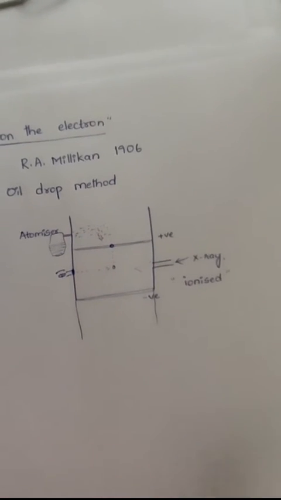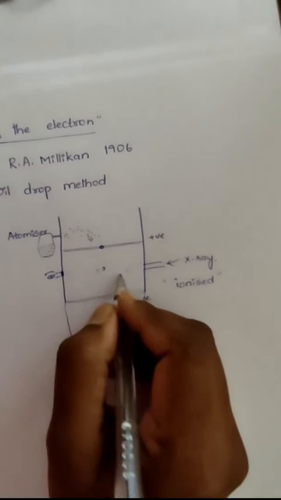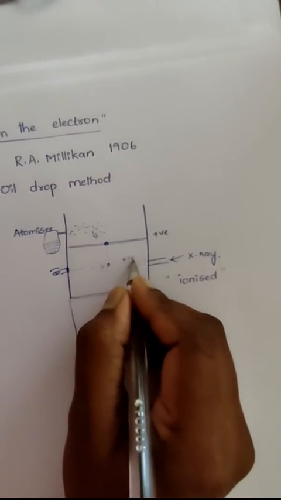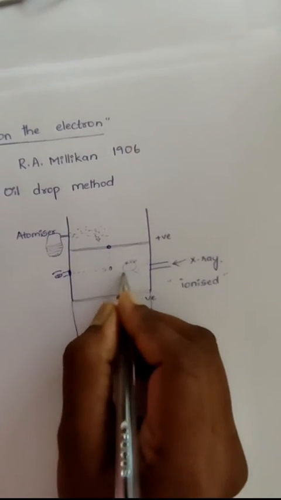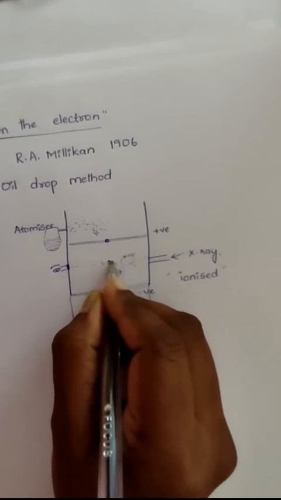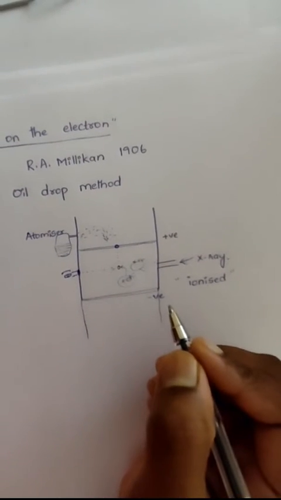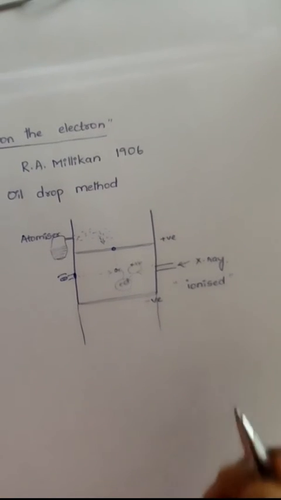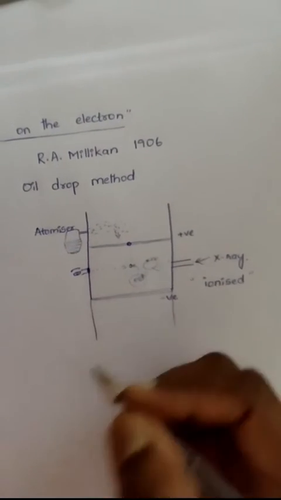So when X-rays are passed through the gas, these gas molecules or atoms get ionized. Getting ionized means the electrons get discharged from them, and they are converted into positively charged ions, and then it releases the electrons. These electrons get deposited on these oil droplets, and then the oil droplets get charged.